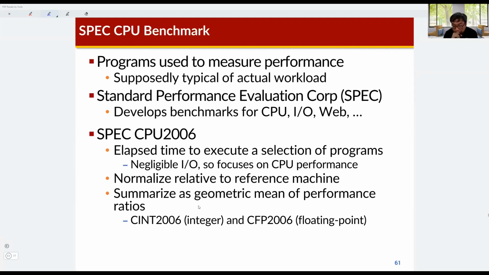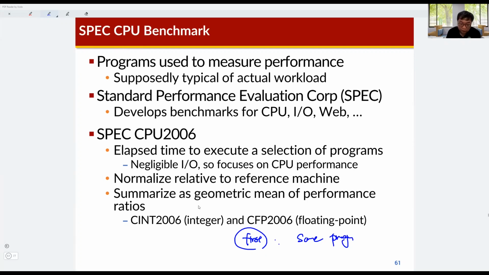So how can you compare the performance of two different computer systems? First, we need to use the same program, that means the same application.